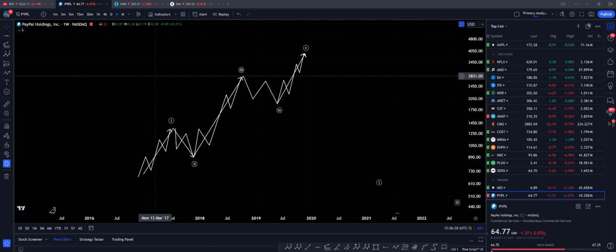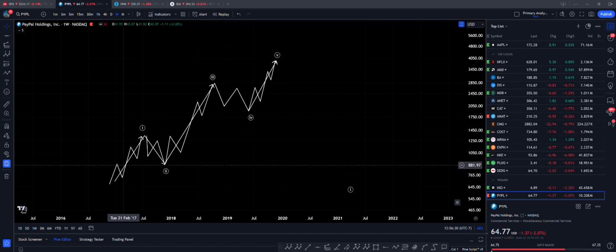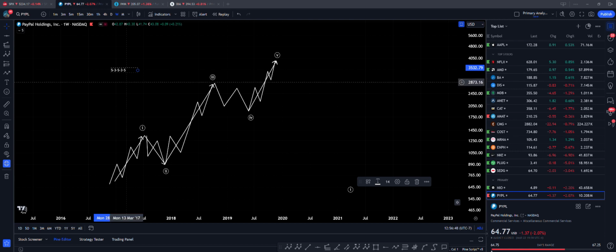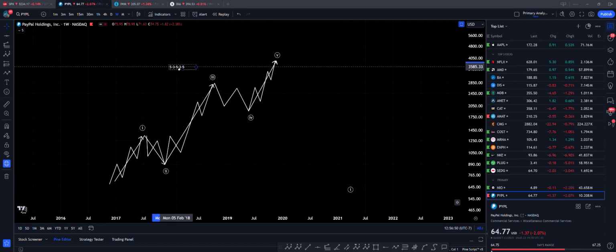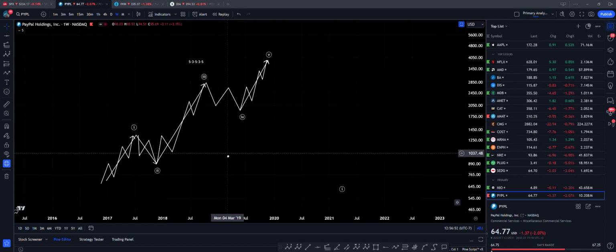So looking at the substructure or fractal structure of these waves, this overall impulse structure is called a 5-3-5 structure, right? Let me just mark it, because wave one was five waves, wave two was three waves, wave three is five waves, wave four is three waves, and wave five is again five waves, right? So it's a 5-3-5-3-5 structure as such for an impulse wave.